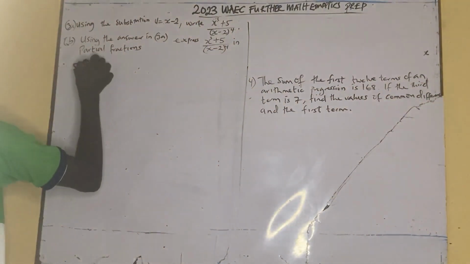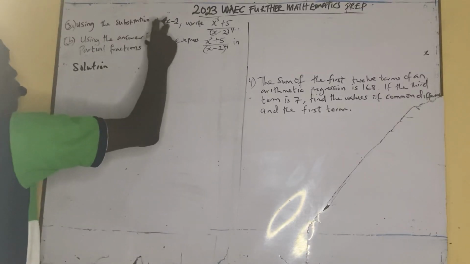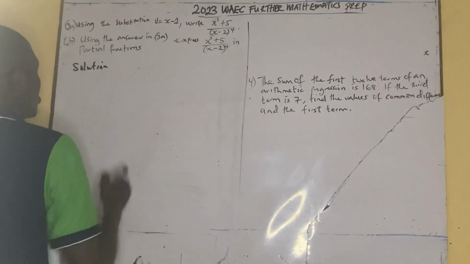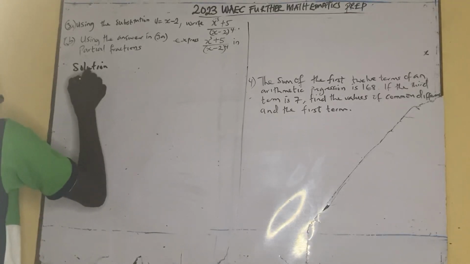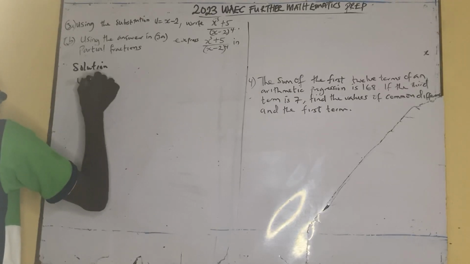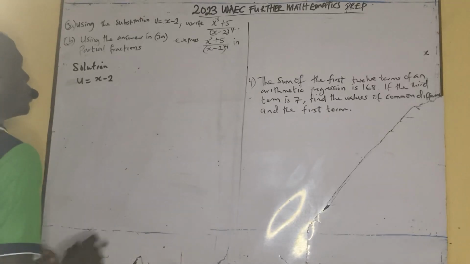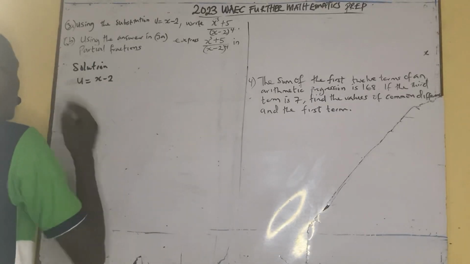The question says that we should use the substitution method of u equals x minus 2. We are given u equals x minus 2. The first thing is to make x the subject by rearranging.